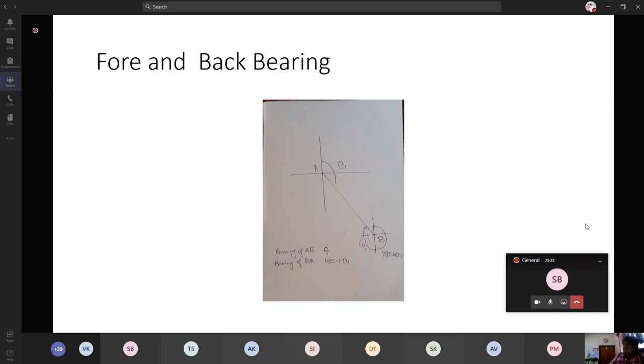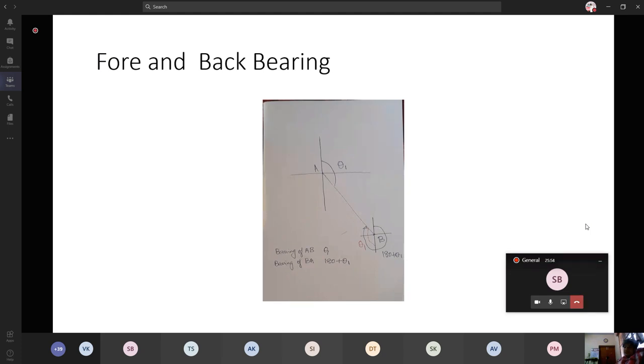Do you get the point? This is a very important part. If all of you are clear with that, we will proceed. Otherwise, once again we will go back and explain it. So the bearing of line AB is 120.